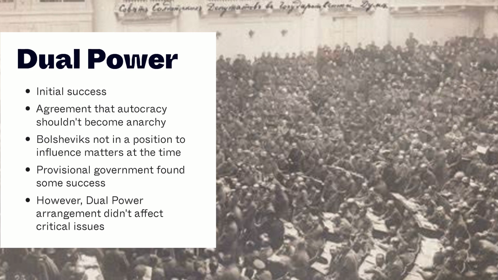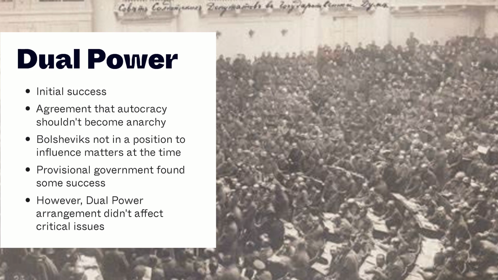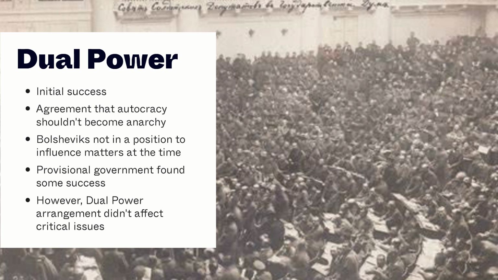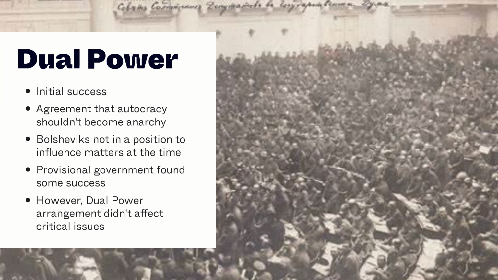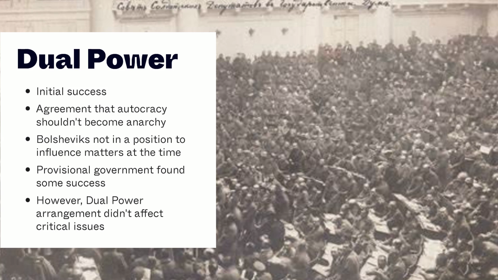The Provisional government achieved success in some matters. These included amnesty for political prisoners, legal recognition of trade unions, an 8-hour day for industrial workers, the replacement of the Okhrana with a people's militia, granting of full civil and religious freedoms, and preparations for the election of a constituent assembly.